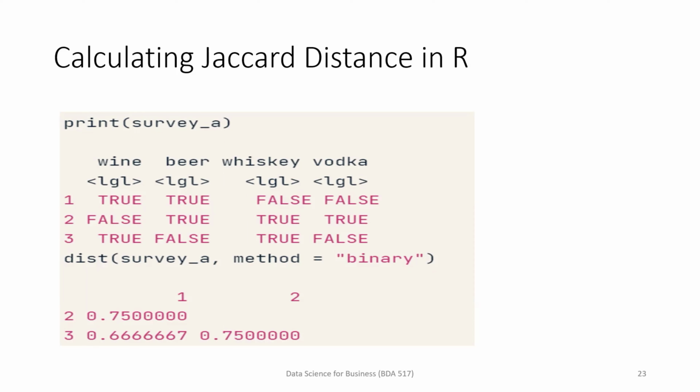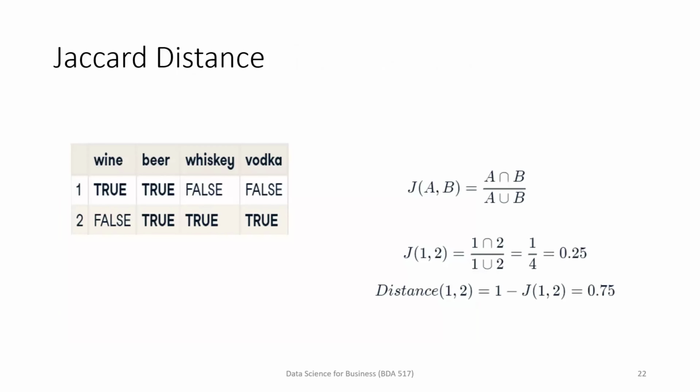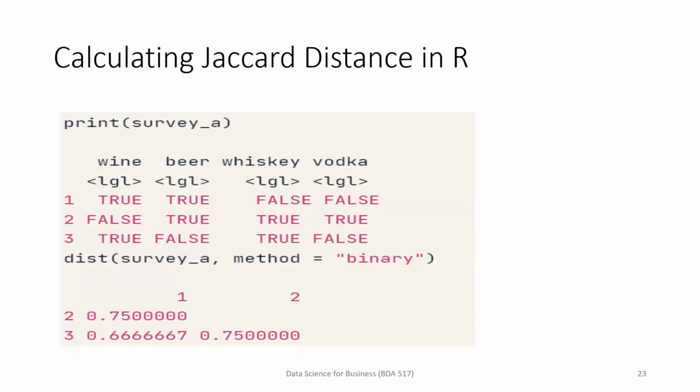Based upon what we've done here, this is just to show you at the simplest level what is entailed in Jacquard. But you are not going to calculate it in R. When you go to R, remember when we were doing Euclidean, the method was Euclidean. But here, we change the method to binary. That tells R that you are measuring a binary distance.